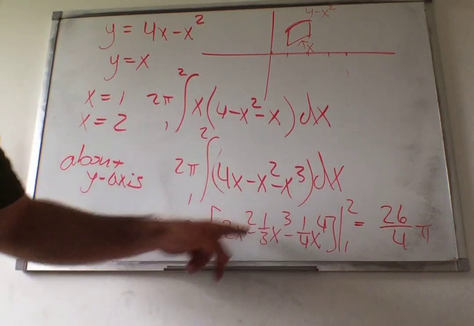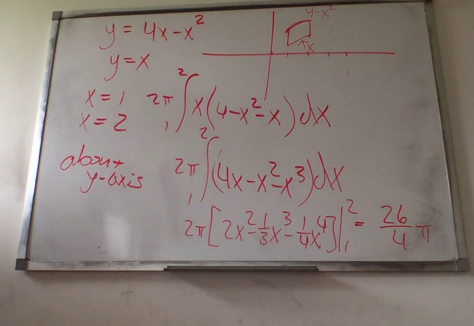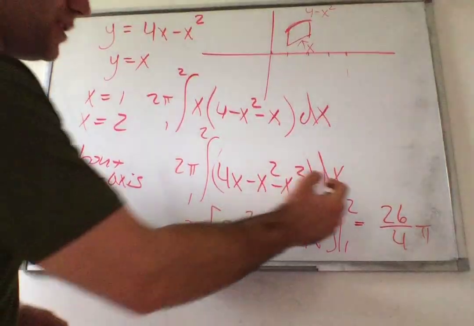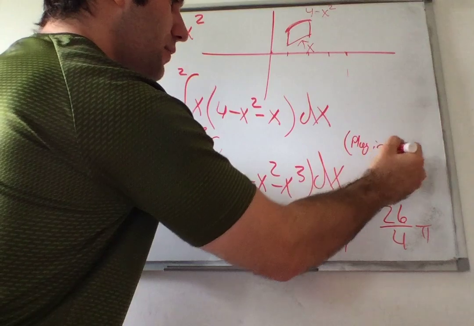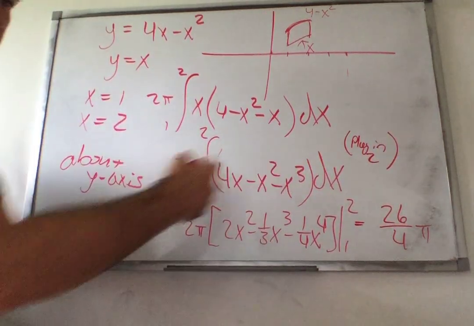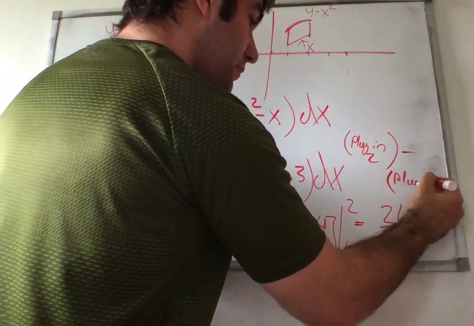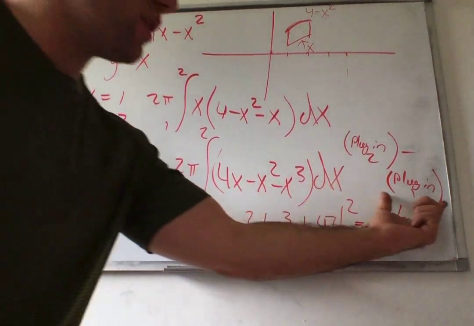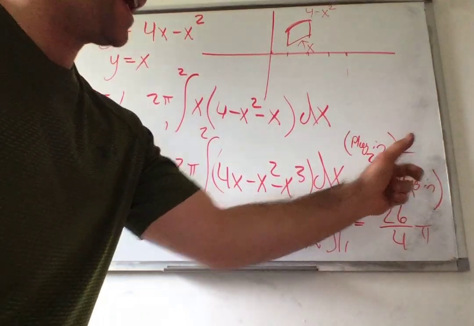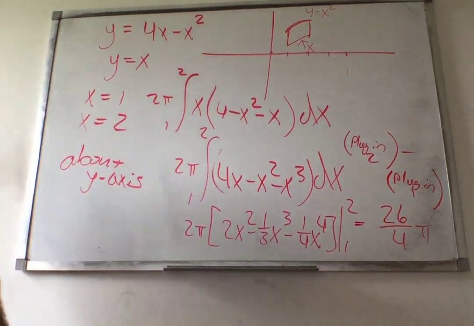But plug in 1, I get 1/3, I get a 1/4. So I'm plugging this entirely into my calculator. I plug in 2 into here, using parentheses, minus, using parentheses, plug in 1. Make sure you use parentheses around the entire thing because this minus sign has to distribute. That's very important there. So we get an answer of 26 over 4 pi.